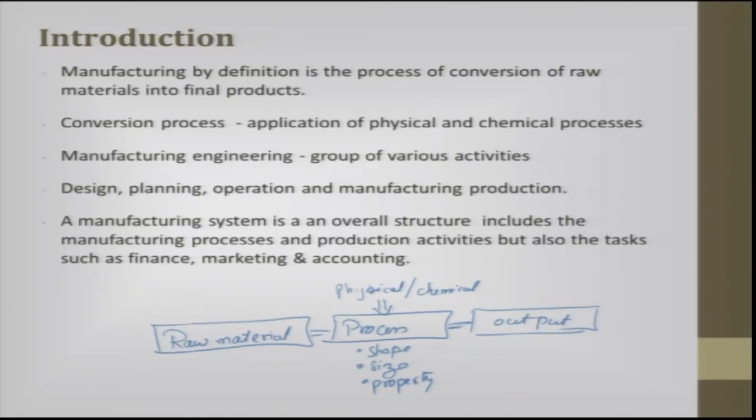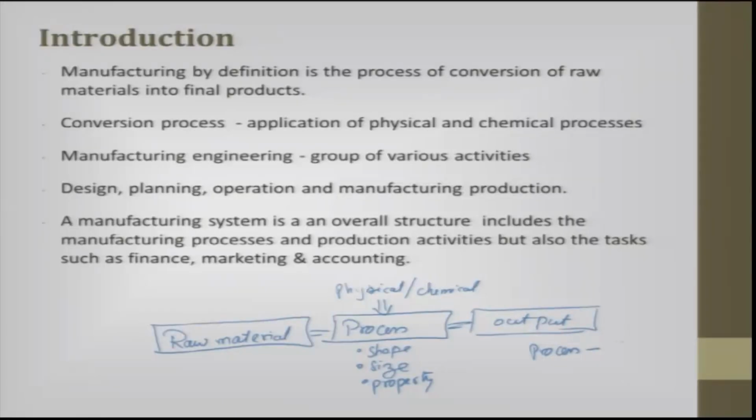When I talk about shape and size, you can use an additive process or you can use a subtractive process. So, when you talk about processes, it can be classified into 3. One is called a constant volume process, it can be a subtractive process, and it can be an additive process. You can follow any of these processes and then try to apply either physical or chemical energy to it and try to convert the raw material into a required output.